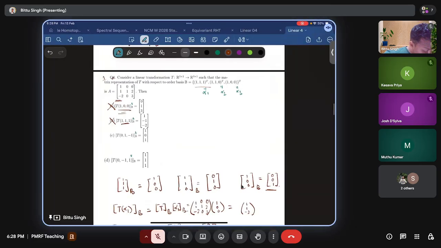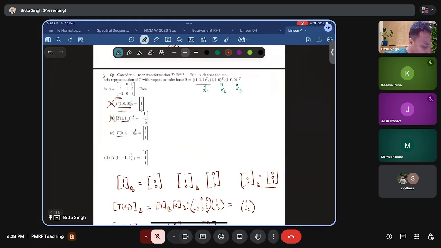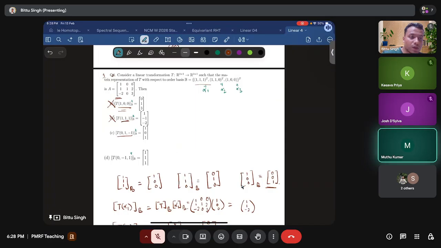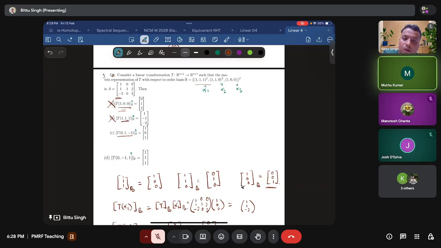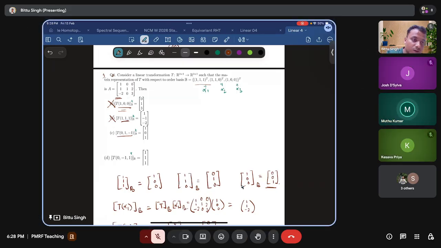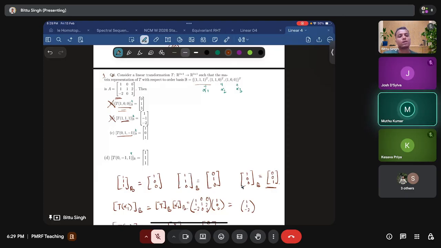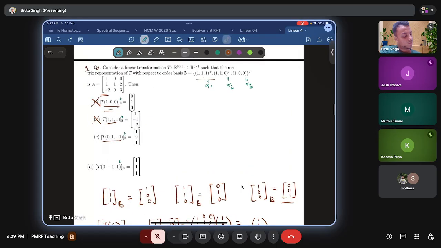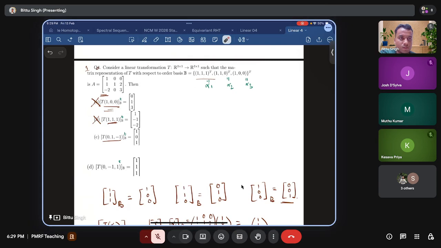Now we need to see T of 0 1 minus 1. We are multiplying with the matrix A. T of alpha 1 with respect to the basis automatically gives the first column of A, and 1 0 0 gives the third column.